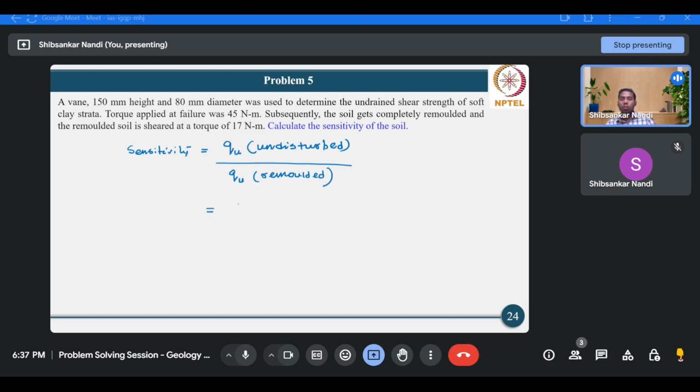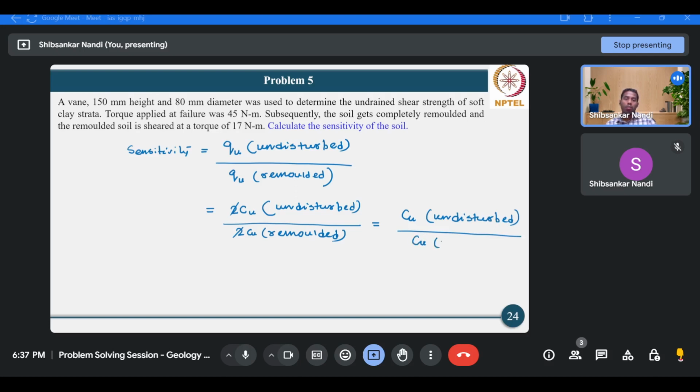Now this qu undisturbed, again you can write it as 2 times cu undisturbed divided by 2 cu remolded. 2 cancels out, therefore cu undisturbed by cu remolded. So we have to determine the cu value, the undrained cohesion value, corresponding to each of these two conditions, that is the undisturbed and the remolded, and that will be based on the vane shear test data.